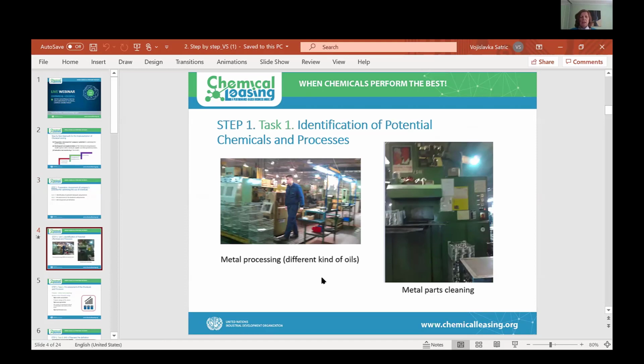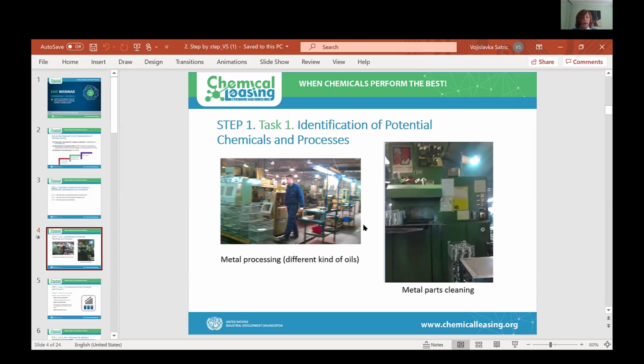This is the case from Serbia, metal processing. Our idea was to implement chemical leasing on oils in metal processing, but when we went to the company, we faced a problem in that process, because there are so many processes, so many kinds of oils. But we realized a very good opportunity for chemical leasing.